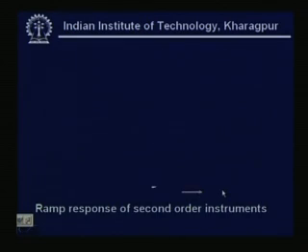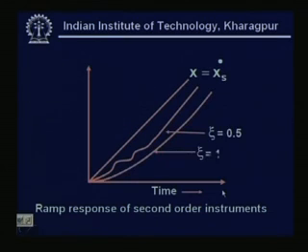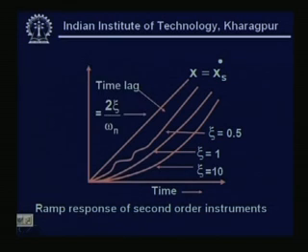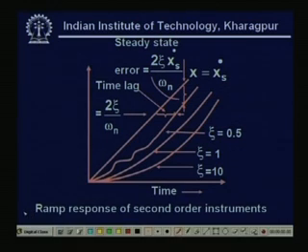Now, ramp response of a second order instrument, there is an animation, let it come. You can see here that this is my input, going x equal to xs dot, and we have plotted for different values of xi.